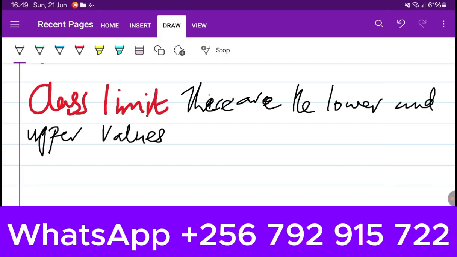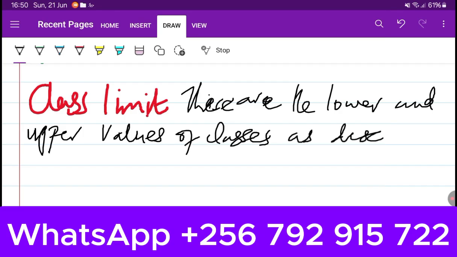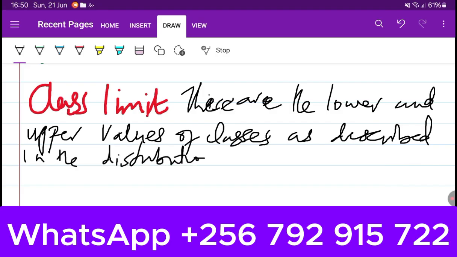If you are defining, don't say limits, you say values, because you can't define a word by repeating itself. Lower and upper values of classes as described in the distribution.